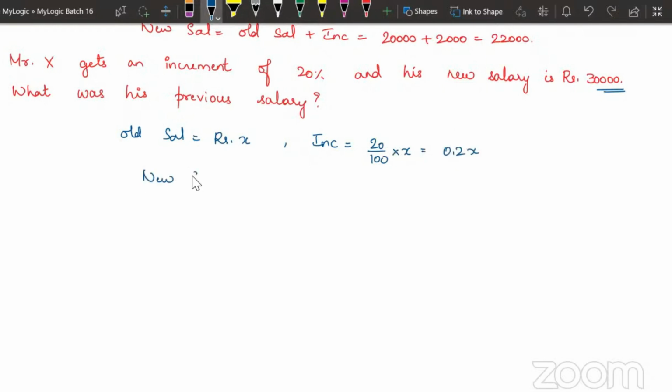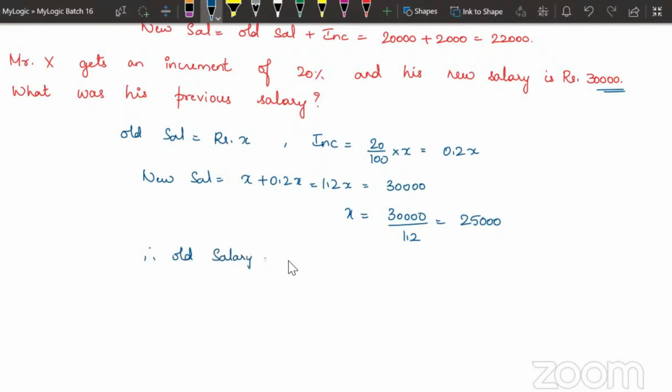It is old salary plus increment, which gives you 1.2x, and that is equal to 30,000. So basically, x is equal to 30,000 divided by 1.2, which gives you 25,000 rupees. Is that clear? Therefore, old salary is 25,000.